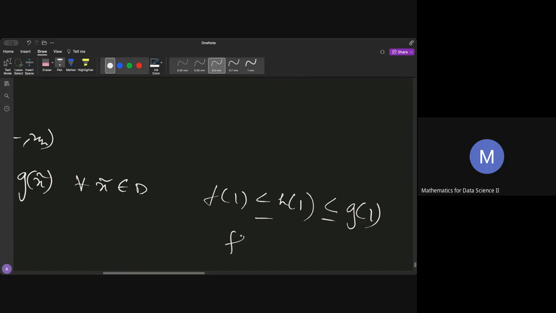Similarly, f2 should be less than or equal to h2, which should be less than or equal to g2.